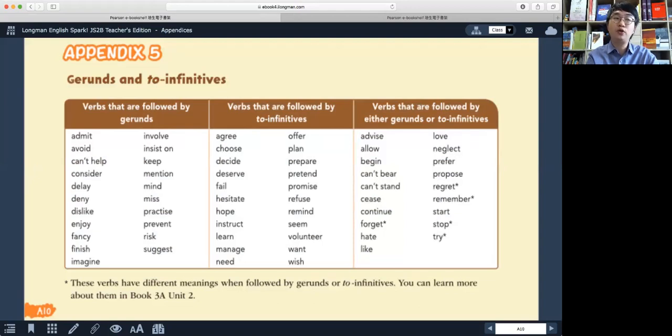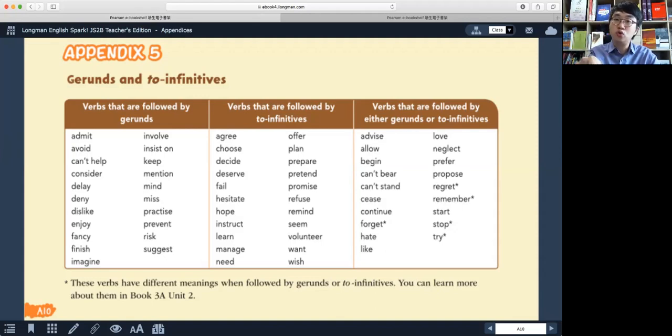So what about the column in the middle? They are verbs that are followed by to-infinitives. So in other words, after these verbs, we must have to and then another verb. Like here, we have agree. We say agree to do something, for example.